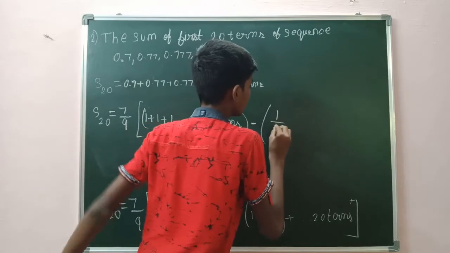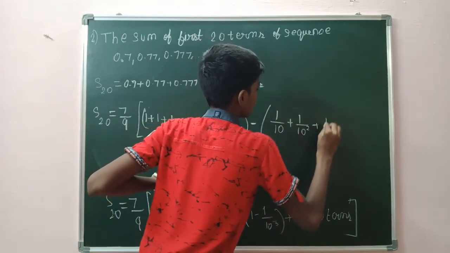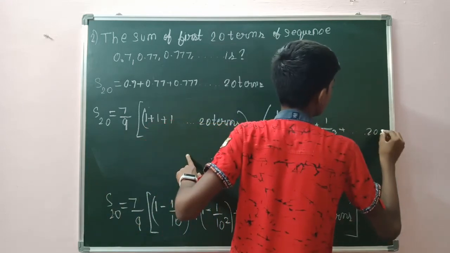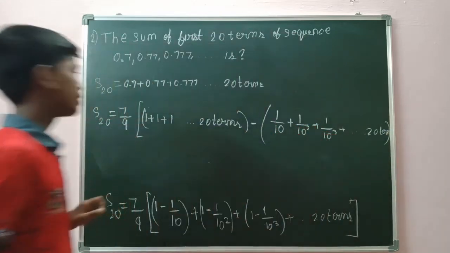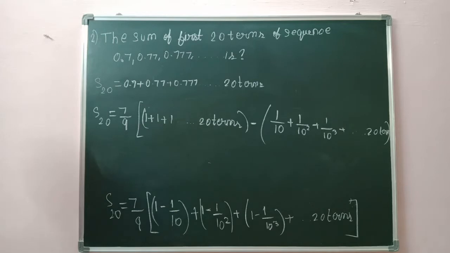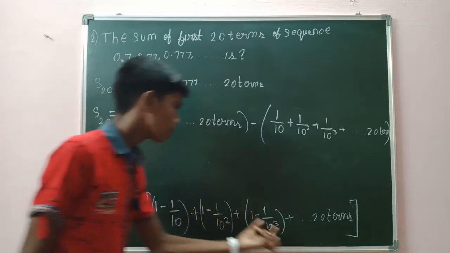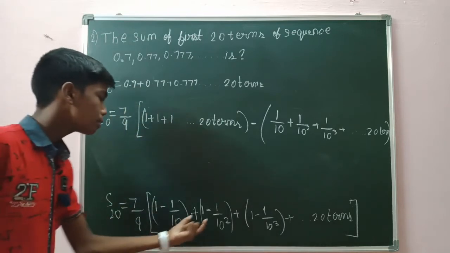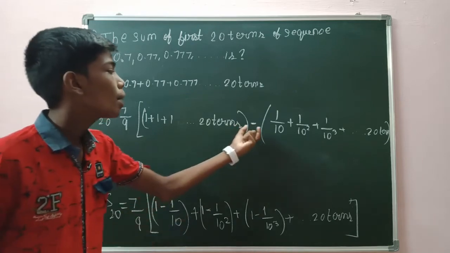The terms that are left out are 1 by 10 plus 1 by 10 square plus 1 by 10 cube, and like that it's going on up to 20 terms. This is what I will be left with. So I am considering the 1s, and from this I will say 1 plus 1 plus 1 plus 1 all the way up to 20 terms. That is what I wrote here. And the terms that are left out are minus 1 by 10, minus 1 by 10 square, minus 1 by 10 cube. In that I am taking the minus common.